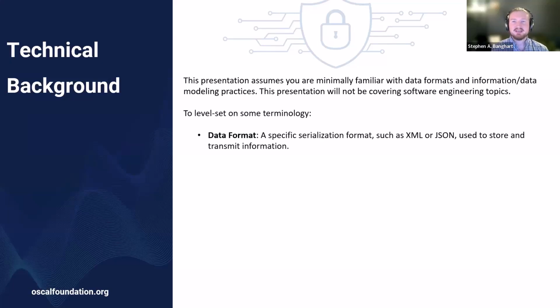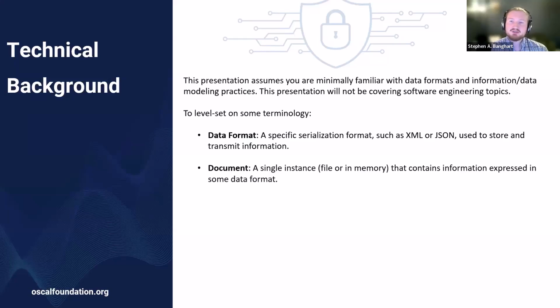First of all, when I say data format in this presentation, I will be talking specifically about a serialization format. So this is XML, JSON, or some other serialization format that allows you to take data and save it to either a file on your disk or in memory in the case of transmitting something across the wire.